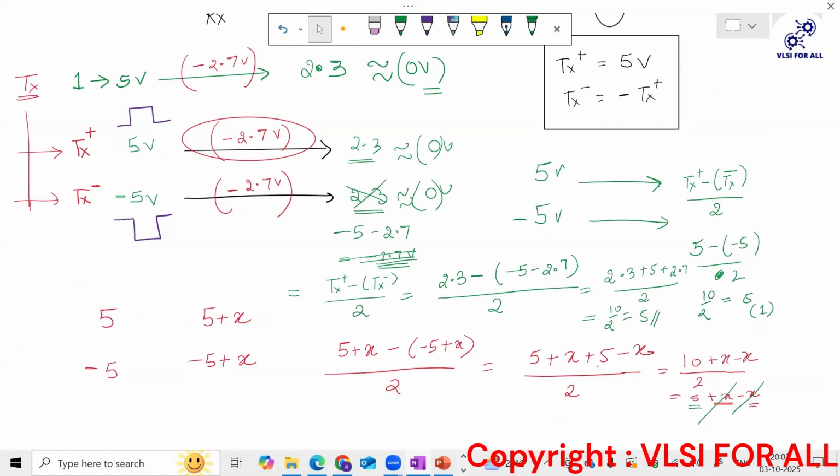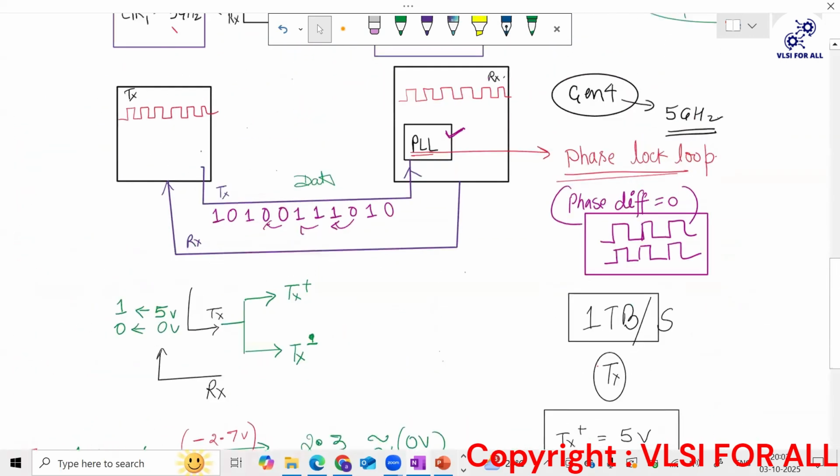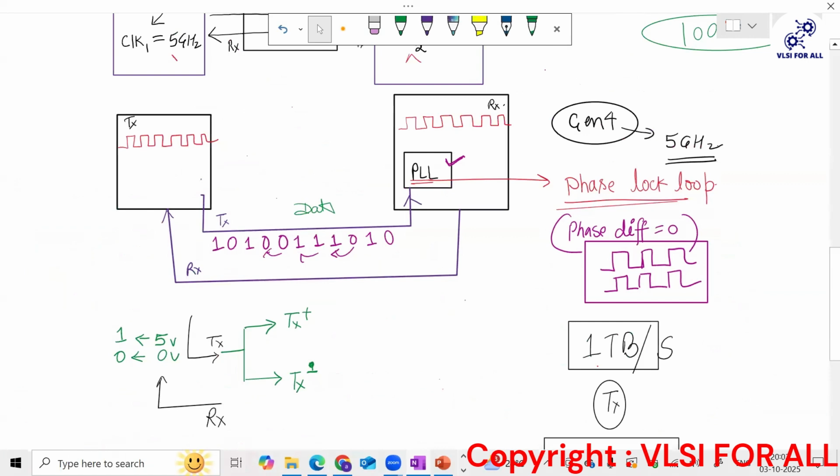Because वो हर बार x minus x हो जाएगा, x कुछ भी हो. So why is it important? Because if your clock dependency itself is on the data pattern, you can't expect even a single bit error in this data pattern.